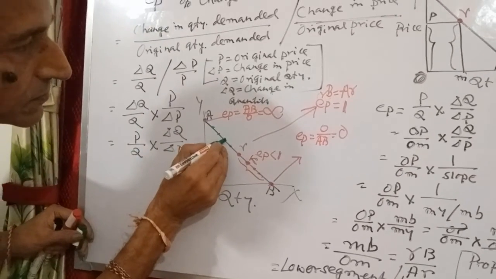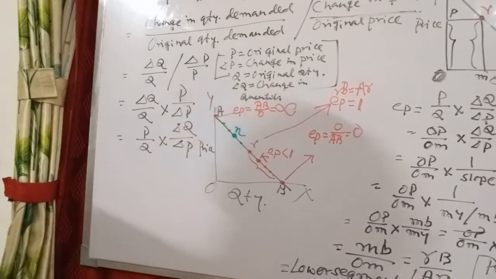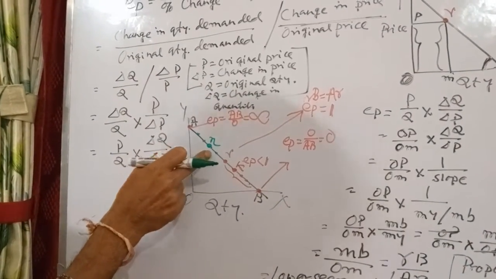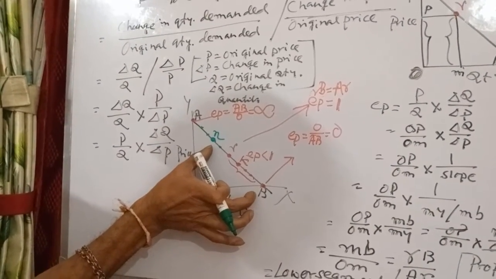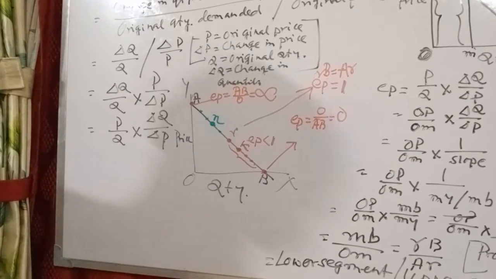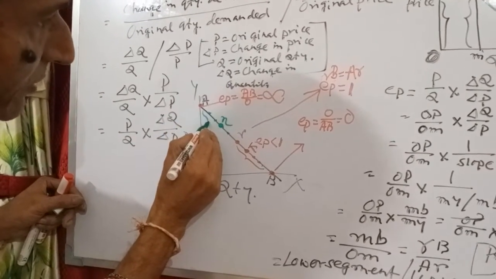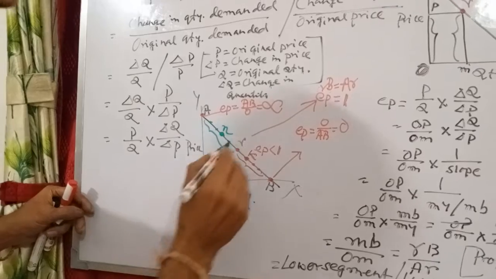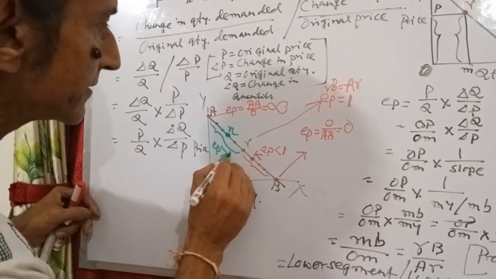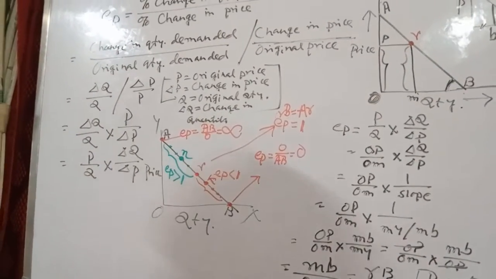Say this is point N. At point N, NB is the lower segment and AN is the upper segment, and NB is greater than AN. So at any point in between A and R, EP is greater than 1. Right?